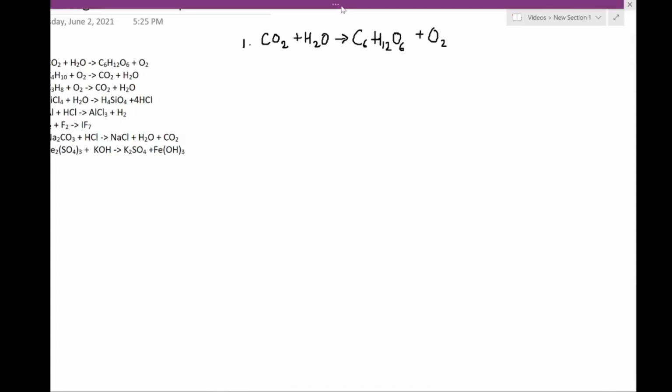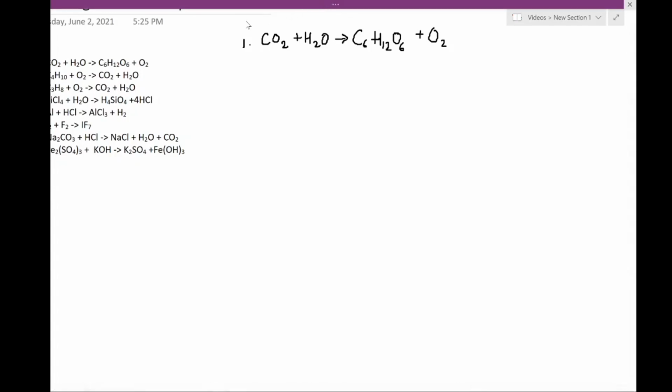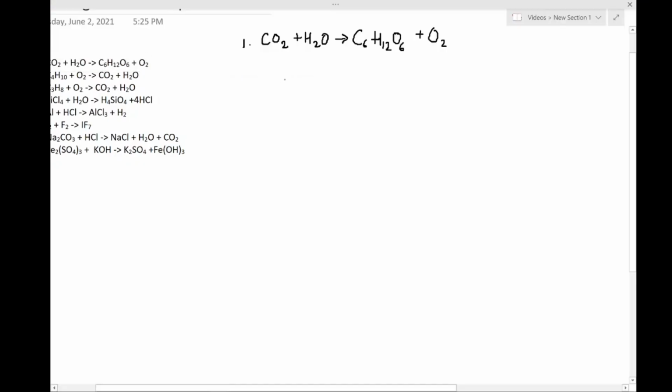Now on the face of it, this equation kind of looks challenging because we have big numbers on the right hand side, but let me break it down for you. Okay, so the first step to balancing such an equation is we want to look at balancing the elements which appear only once on either side of the equation.